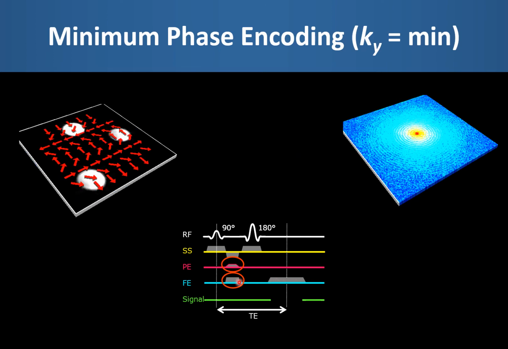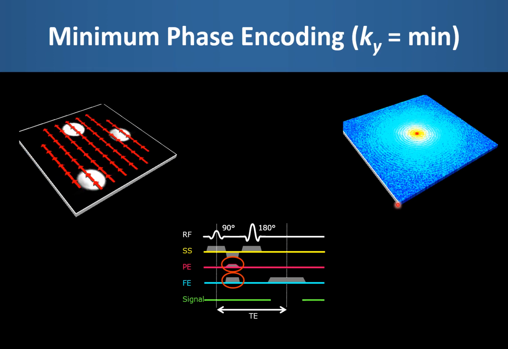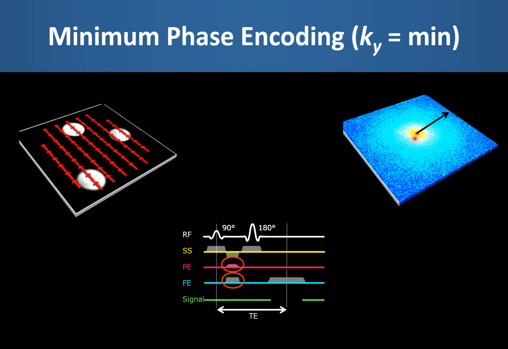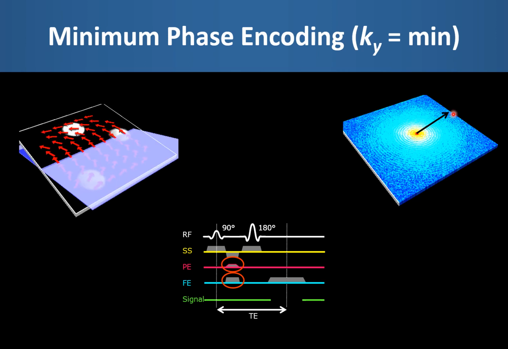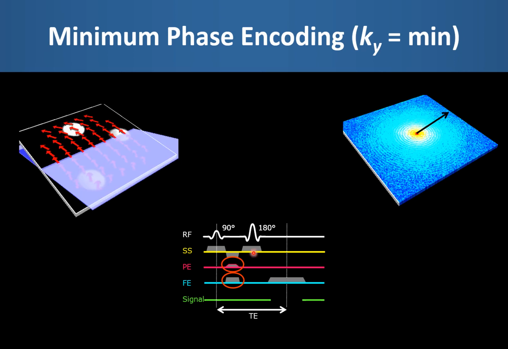If we then apply the same frequency encoding pre-phasing gradient, this will move us from the center of k-space along to the edge and very slightly up due to the phase encode gradient.